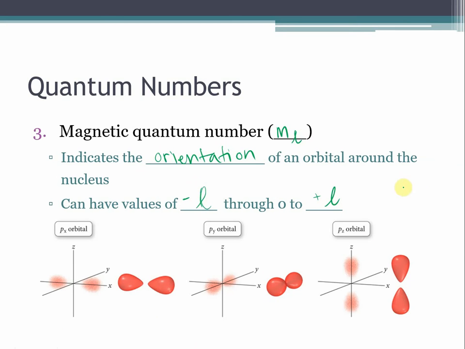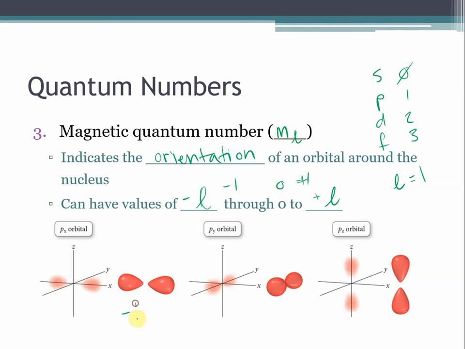The L value for a p orbital is always 1. Remember, s is 0, p is 1, d is 2, f is 3. So for p orbitals, L equals 1. That means the possible values for m sub L are negative 1 through 0 to positive 1.